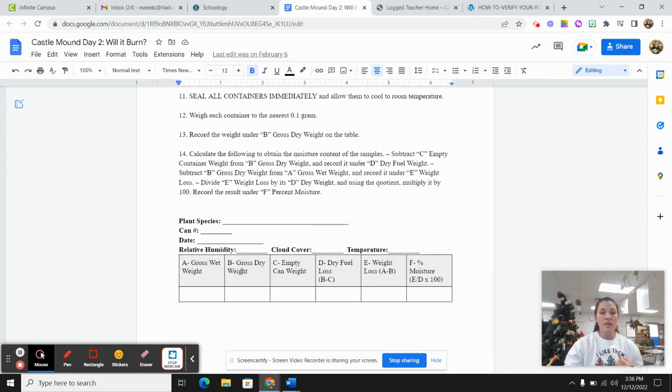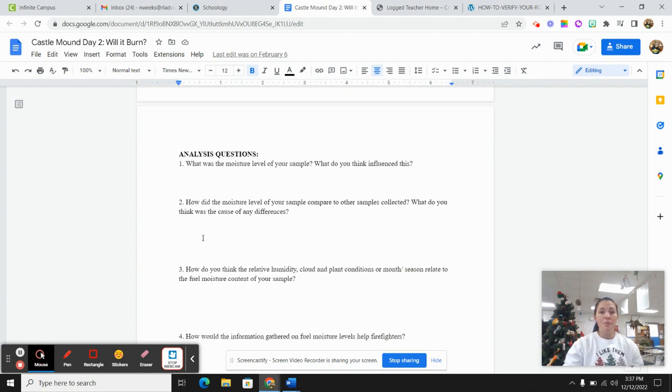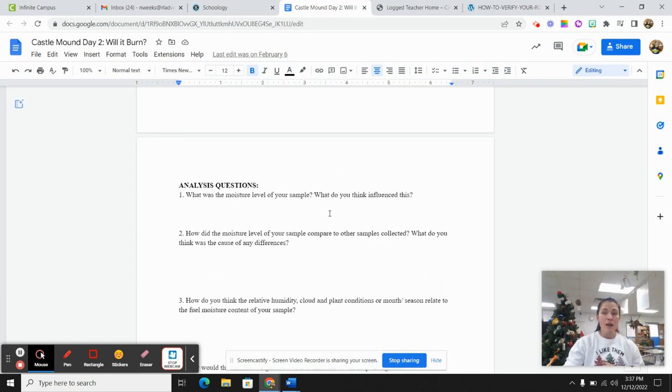We are also going to measure the relative humidity, cloud cover, and temperature of the day today. This relative humidity you can find online. For your plant species, you are going to put if it's either a conifer or a deciduous tree. And then these analysis questions we are going to do next class after we weigh our samples again.